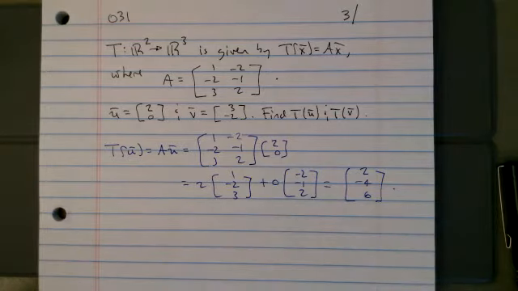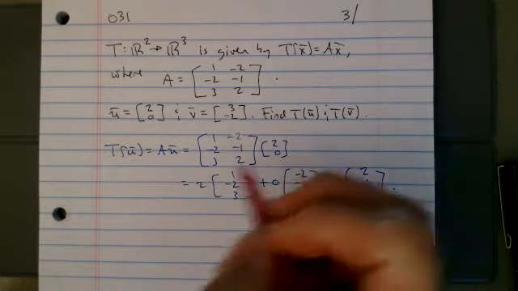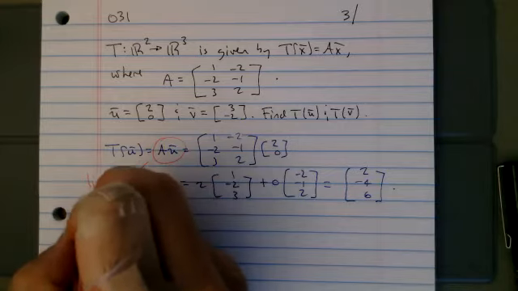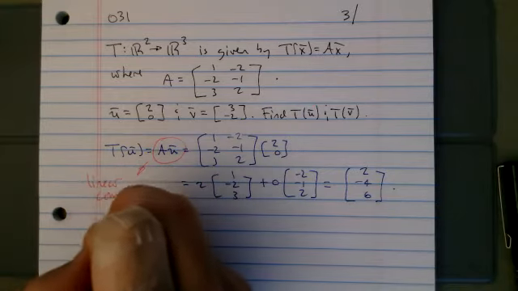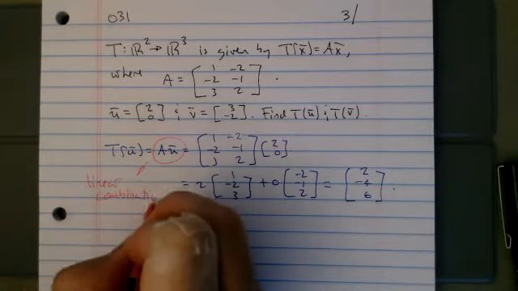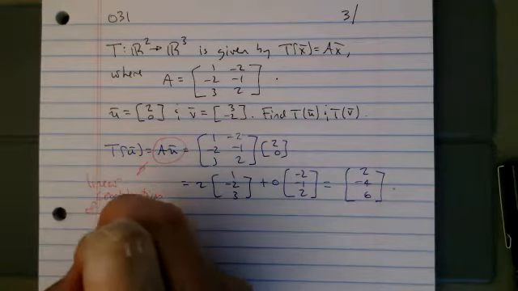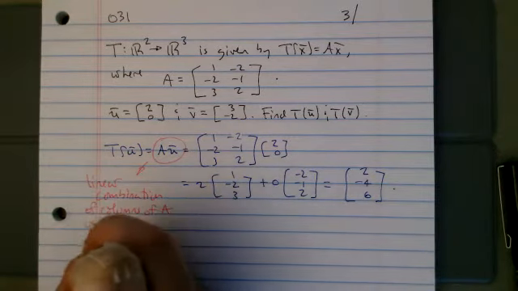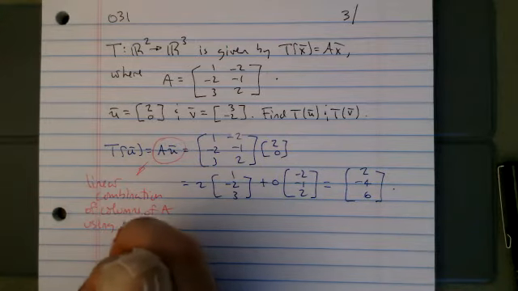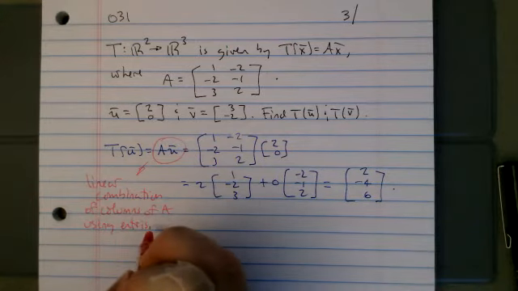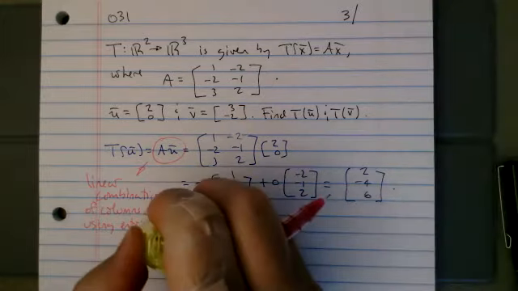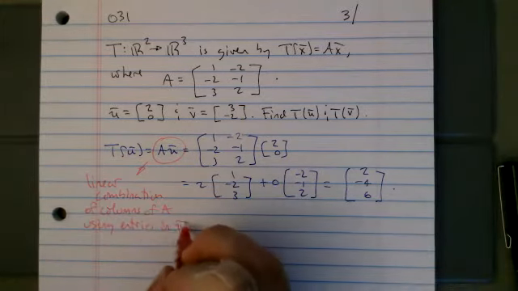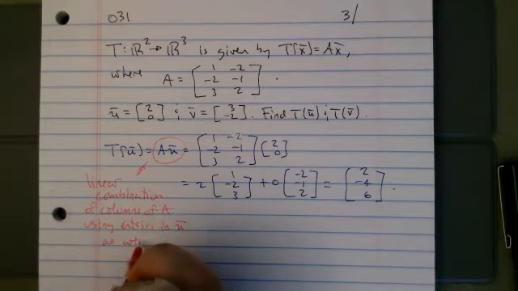So AU is a linear combination of the columns of A using the entries in U as weights.